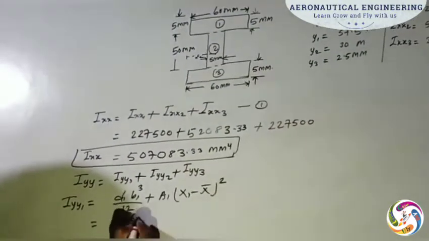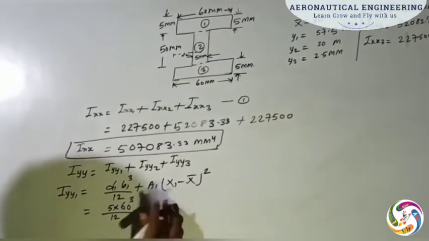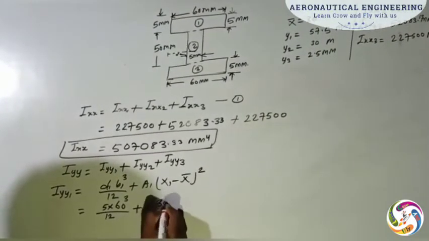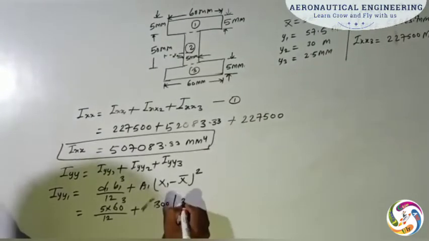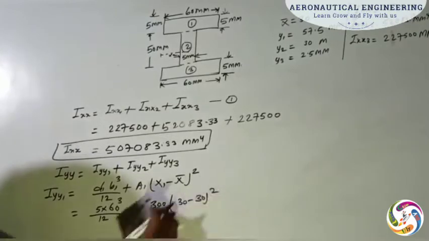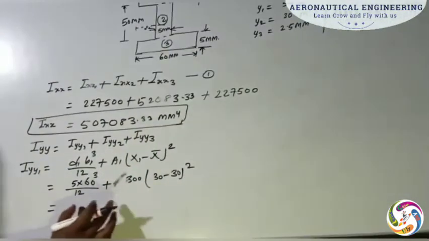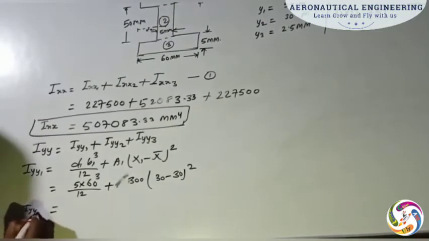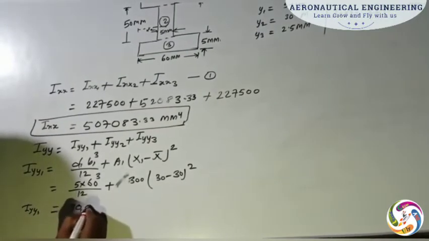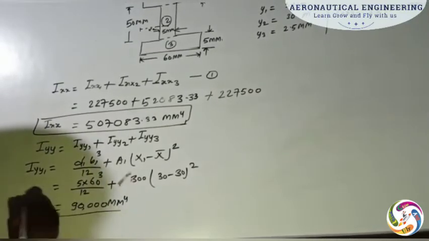So 5 into 60 cube upon 12, A1 value is 300, x1 value is 30, x bar value is also 30. So 30 minus 30, this portion becomes 0. By calculating this, we get Iyy1 equal to 90,000 mm power 4.